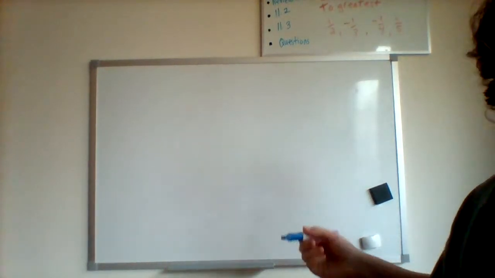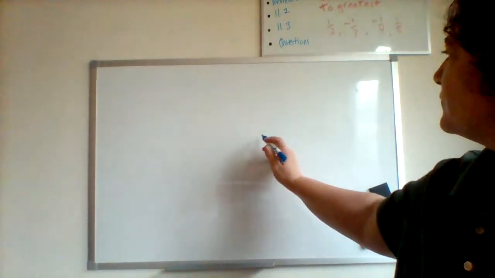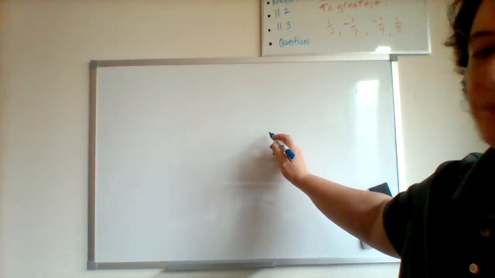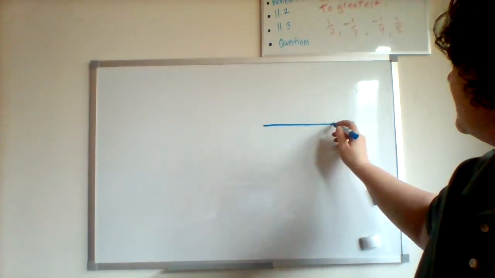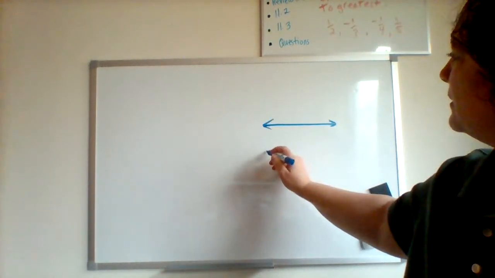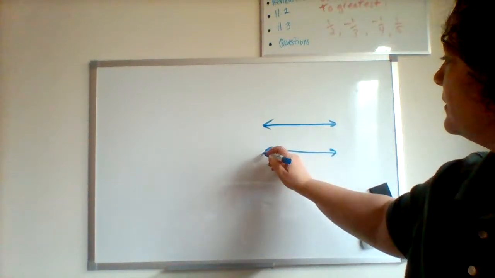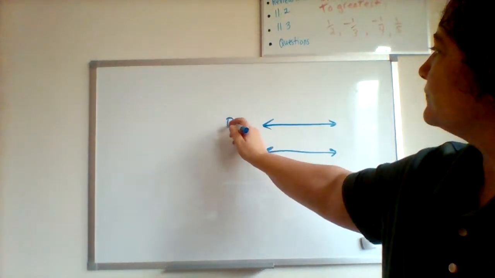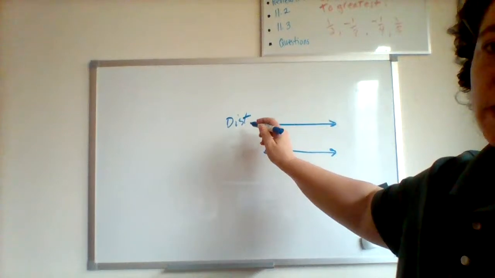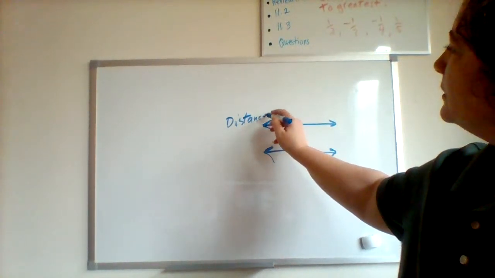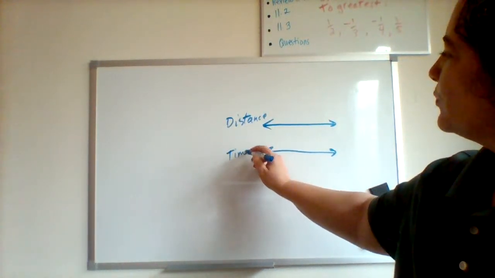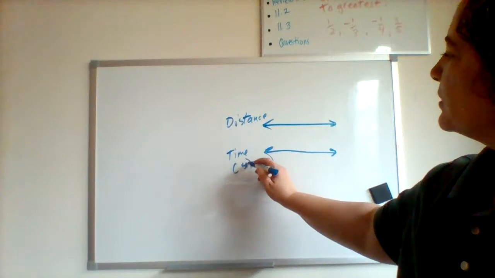All right, so let's take a look at that. We've looked at double number lines, so let's make a quick one. What are my two quantities? Distance and time. What am I measuring them in?